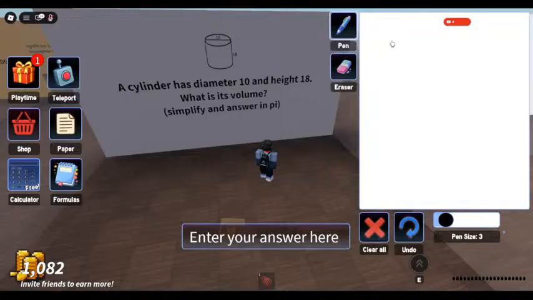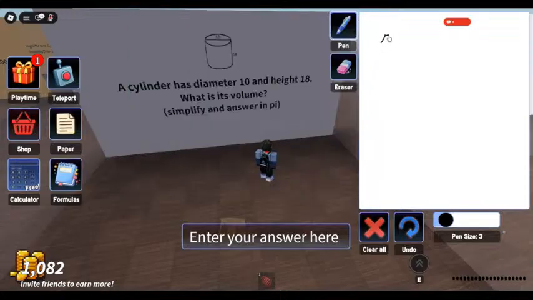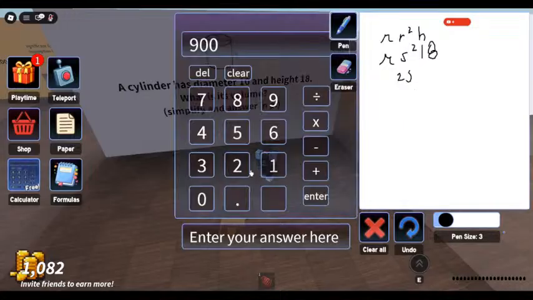So pi r squared times height, then pi r squared, then 5 squared, 18. 5 squared is 25 times 18, 450. So then 450 pi.